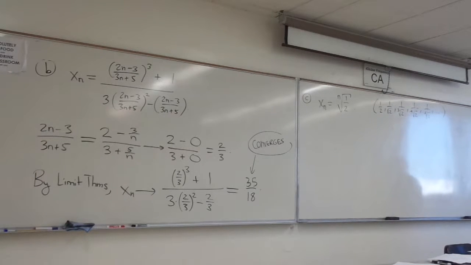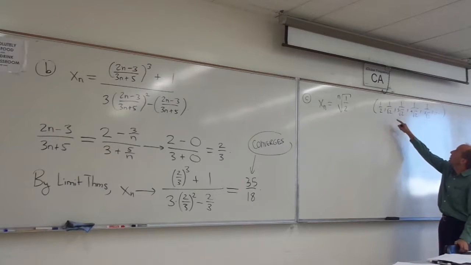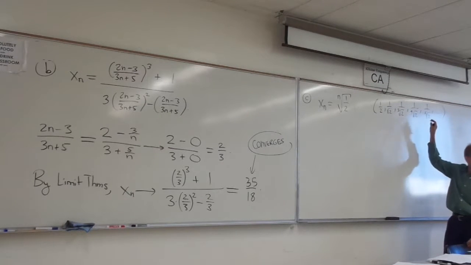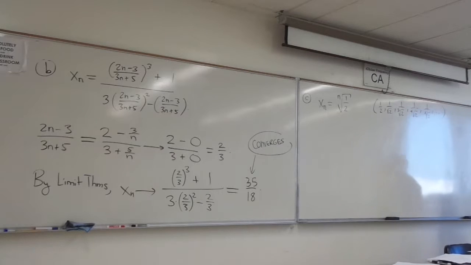The denominator is getting smaller, so these terms are actually getting larger, aren't they? But how much larger are they getting? Are they blowing up to infinity?